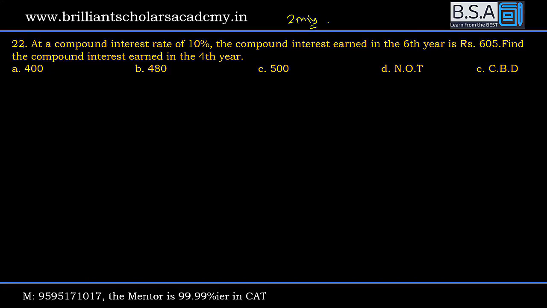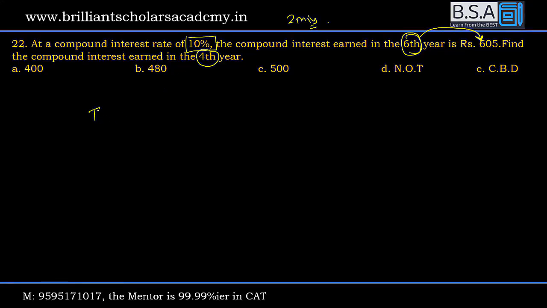So I've got multiple answers for the current question. Let us give it a shot. We are saying the rate of interest is 10%. The interest earned in the sixth year is this much. This is the sixth year. So what is the interest earned in the fourth year?